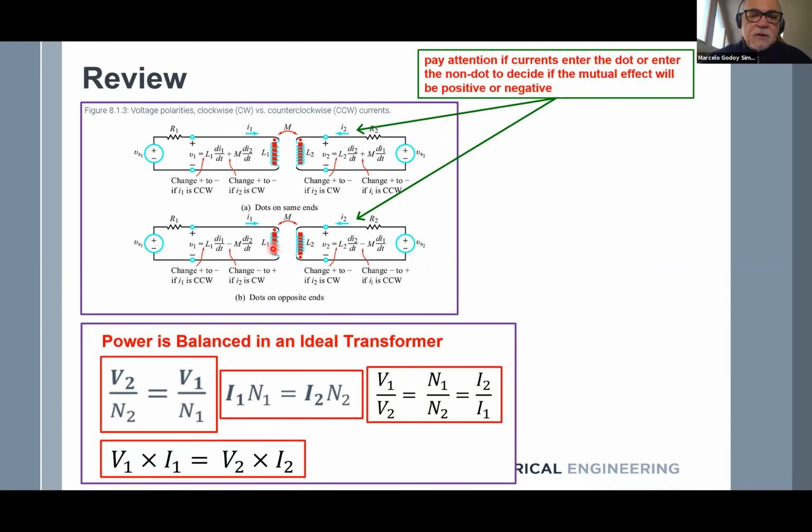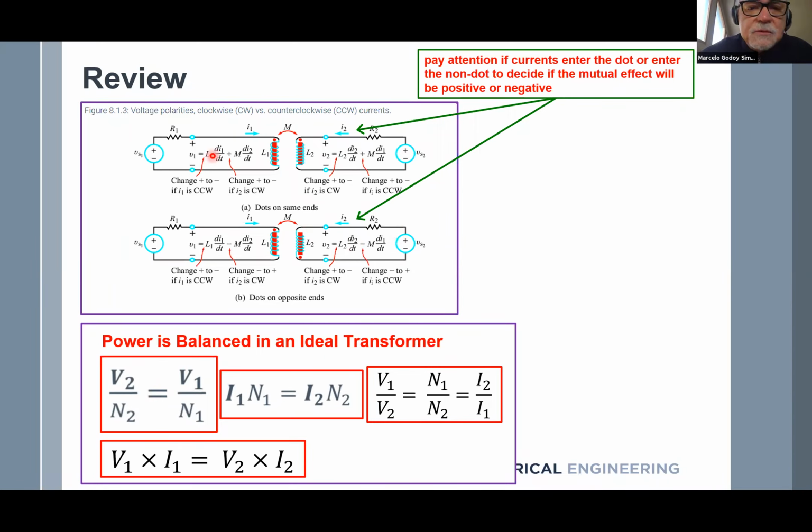Here is the same circuit, but I have a reversal. Look, dot on this side, non-dot here. So that means I2 is approaching where I do not have a dot. So the mutual will be negative. Look, minus and minus. So pretty much that's the way that helps you to identify very easily if the mutual effect will be either positive or negative. If both are going towards the dot, it is a plus. If one of them is reversed, either on the left or on the right, then there is a minus.